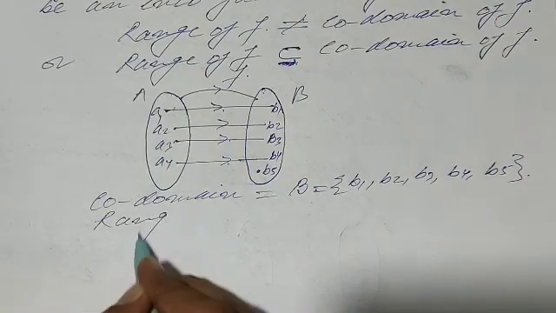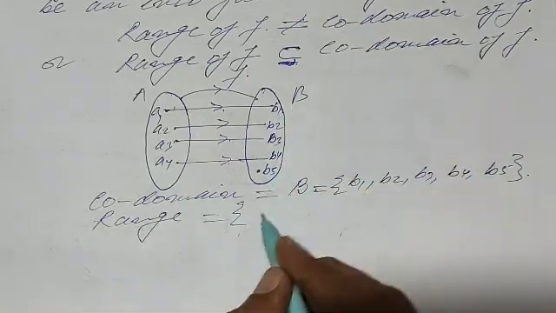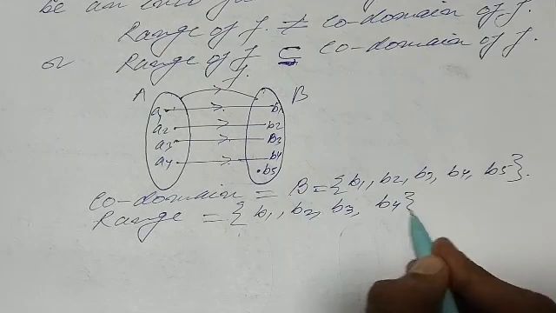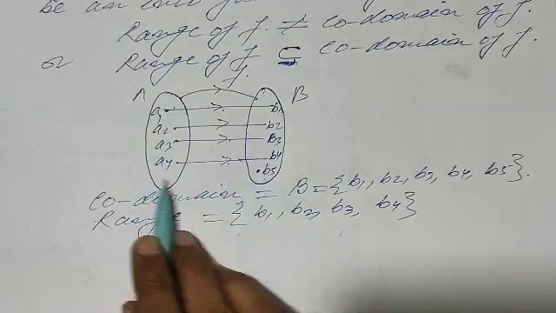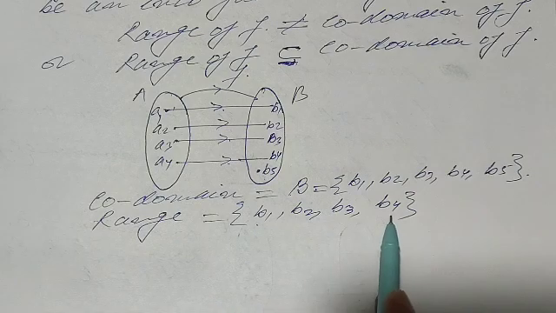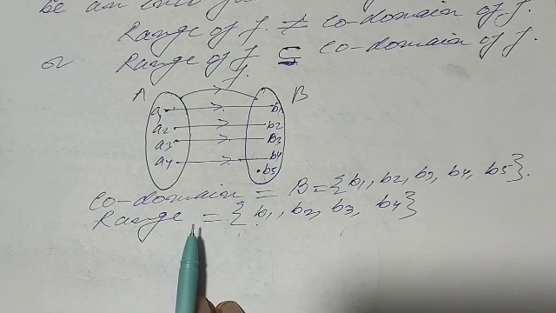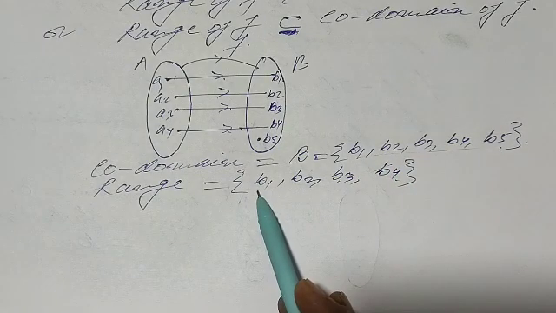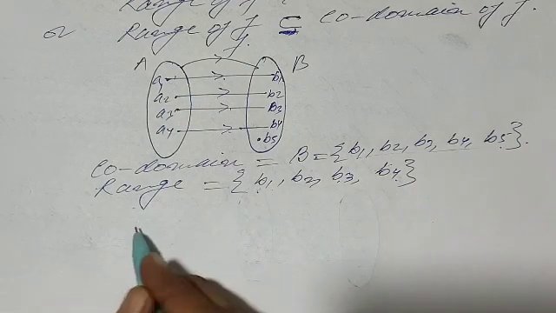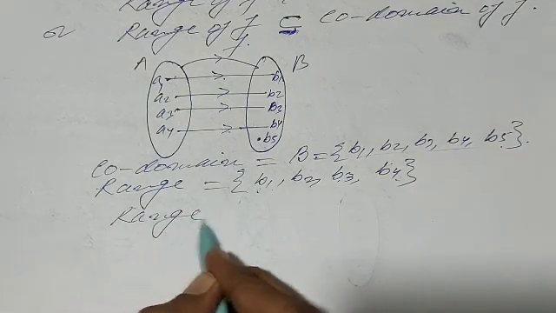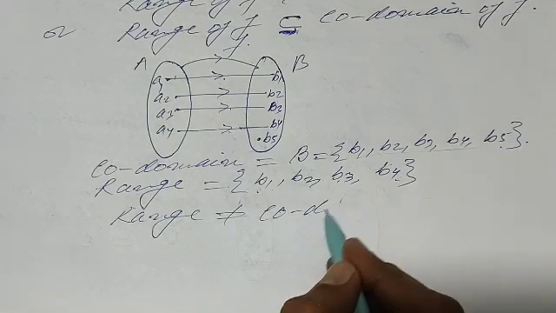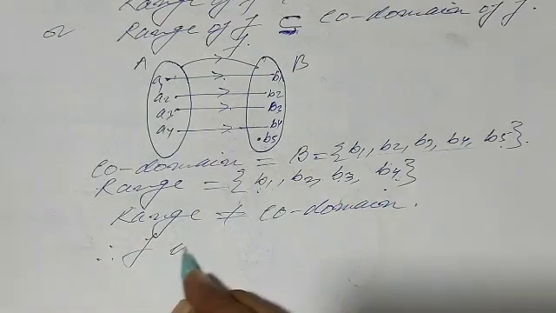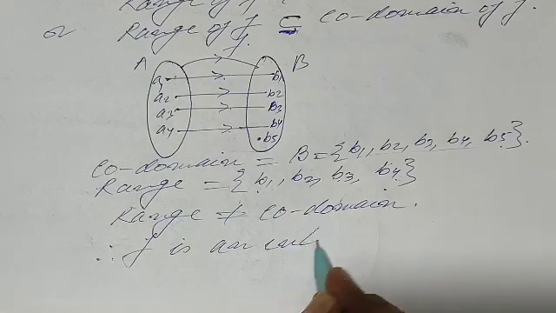But in the range there will be only 4 elements B1, B2, B3, B4, not B5 because B5 has no pre-image in A. So these 4 elements will be included in the range which have pre-images in domain A. So the codomain has 5 elements whereas the range has only 4 elements. So obviously the range is not equal to the codomain in this case. So f is an into function.